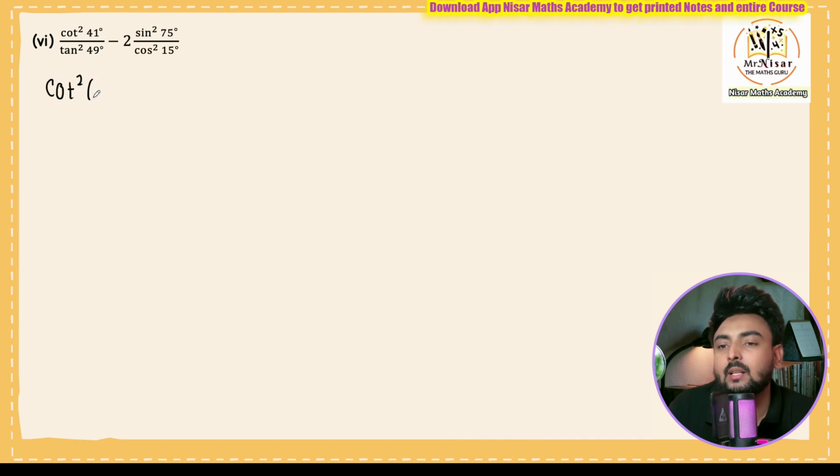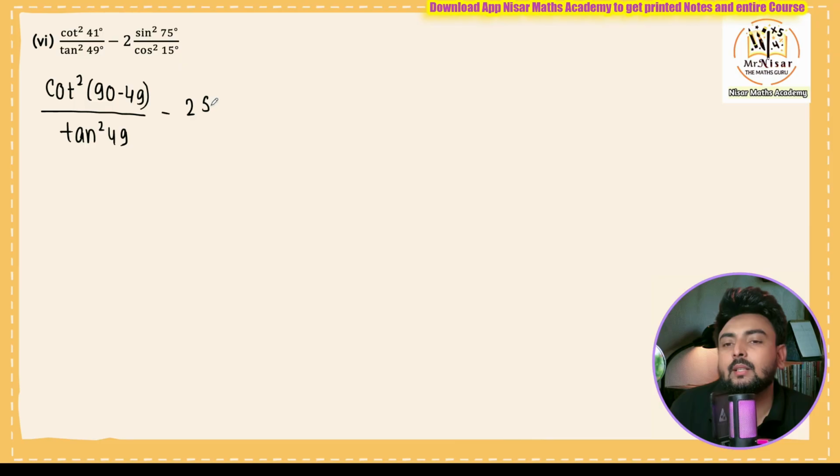So here I can say that I'll write it in this way. Cot square, I'll convert it in the first term in 90. 90 minus 49 is 41 upon tan square 49, minus 2 into, can I say here that 75 is nothing but 90 minus 15?